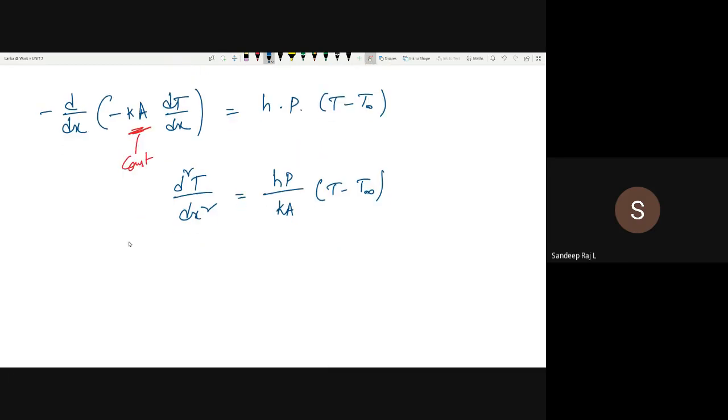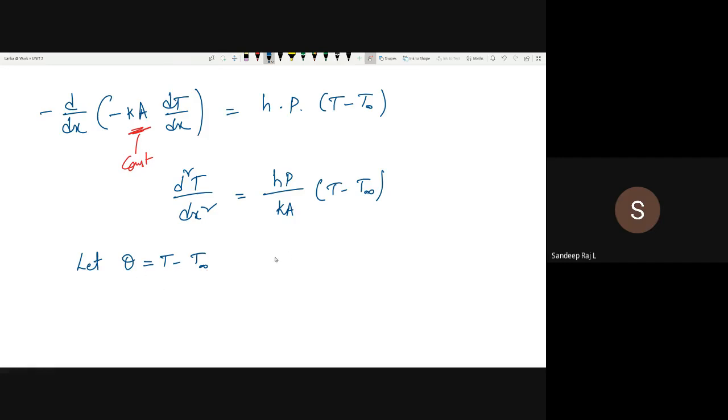Now I will consider two things here. I will write T minus T infinity equal to theta. So that T minus T infinity, I will equate it with theta.